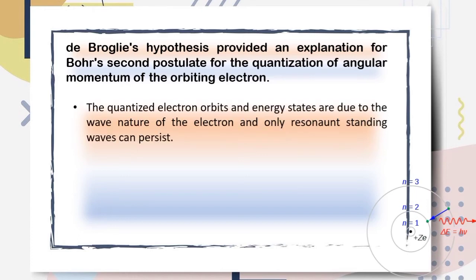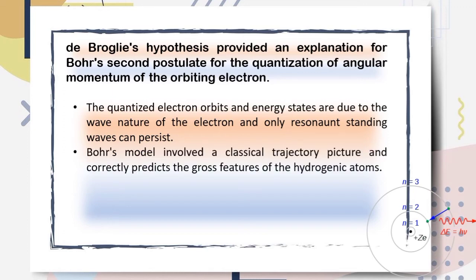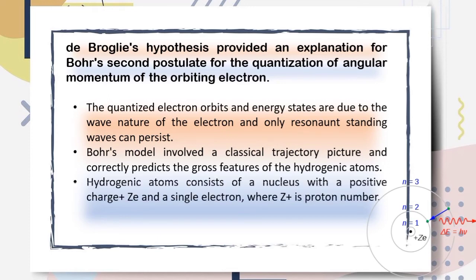The de Broglie hypothesis provided an explanation for Niels Bohr's second postulate for the quantization of angular momentum of the orbiting electron. The quantized electron orbits and energy states are due to the wave nature of the electron, and only resonant standing waves can persist. Niels Bohr's model involved a classical trajectory picture and correctly predicts the gross features of the hydrogenic atoms.